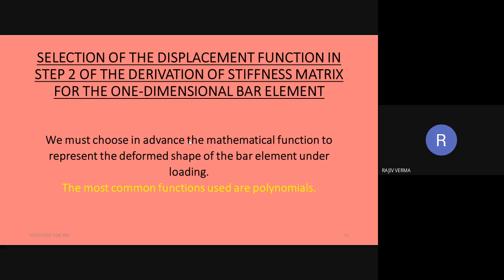Most commonly used functions are polynomials. In some cases, we do use trigonometric functions also, but those are rare. Most of the time, we simply use polynomials because polynomials can be easily differentiated and integrated.